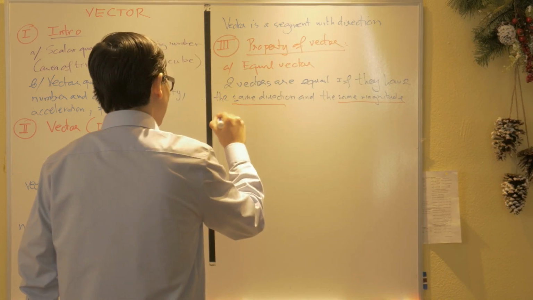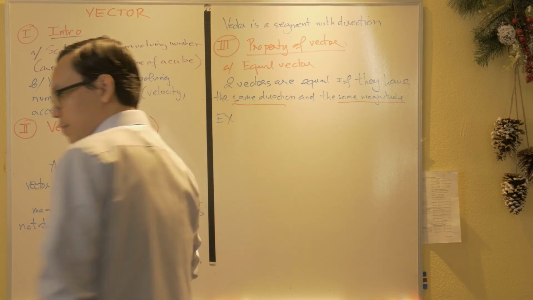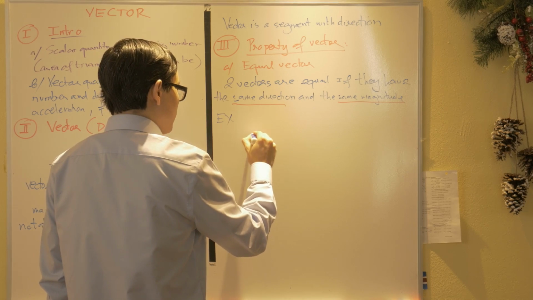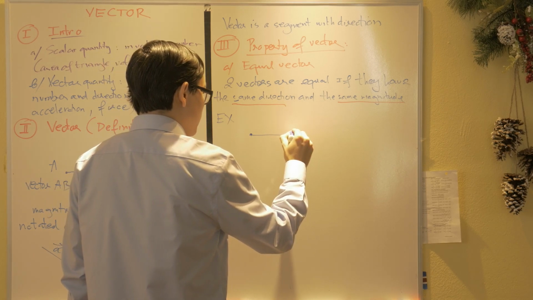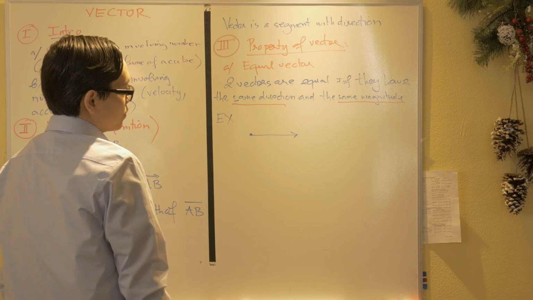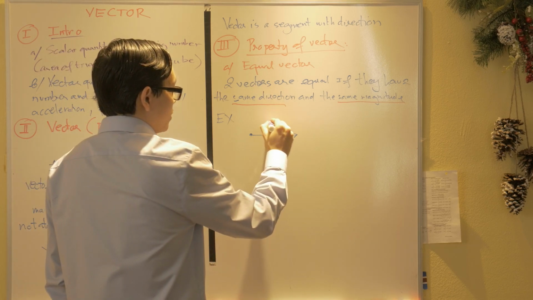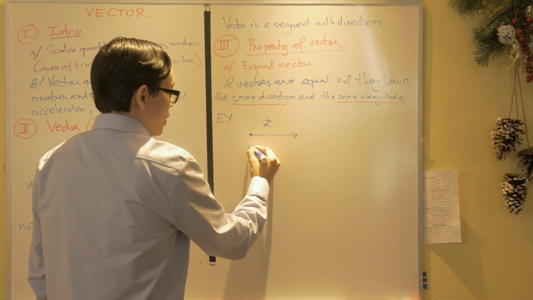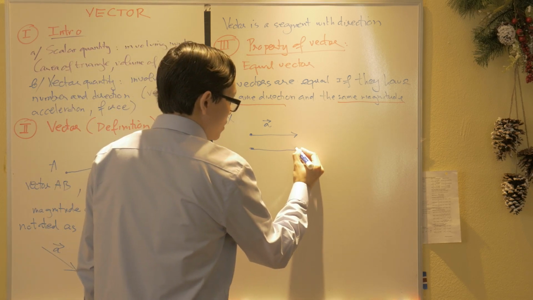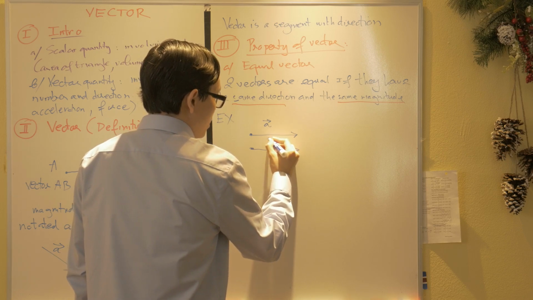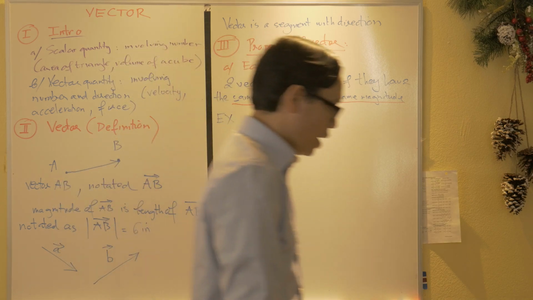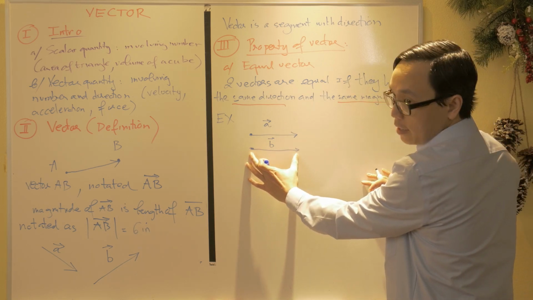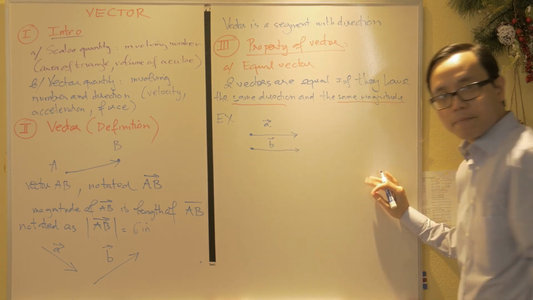For example, I have a vector that looks like this, I call it vector A. And I have another vector that looks like this, I call it vector B. I measure these vectors and the magnitude, the length of the segments, are the same.